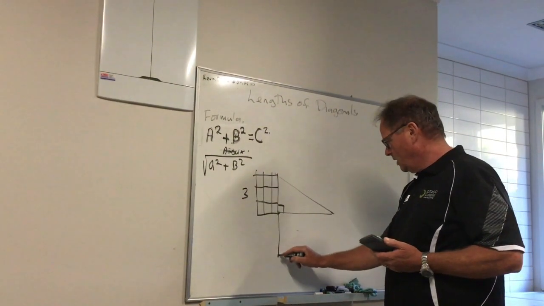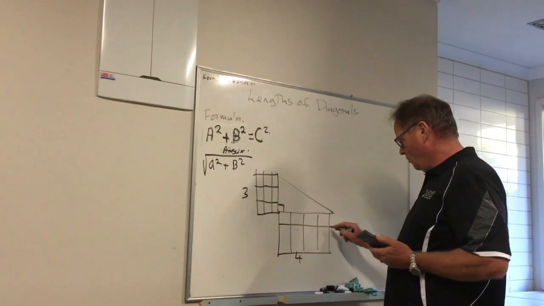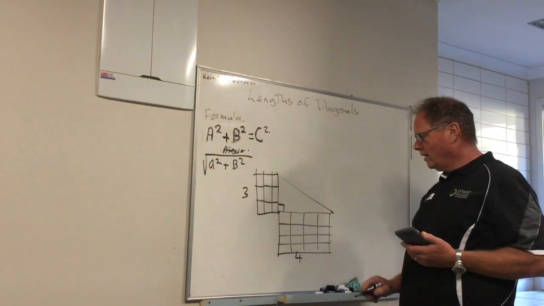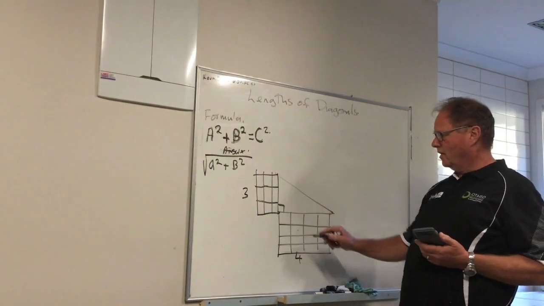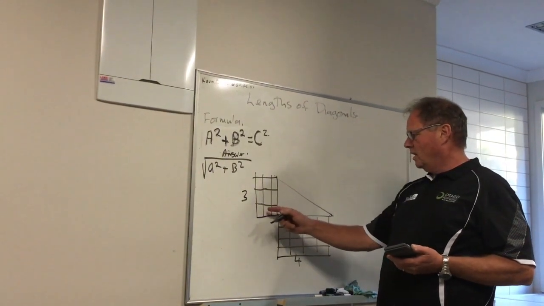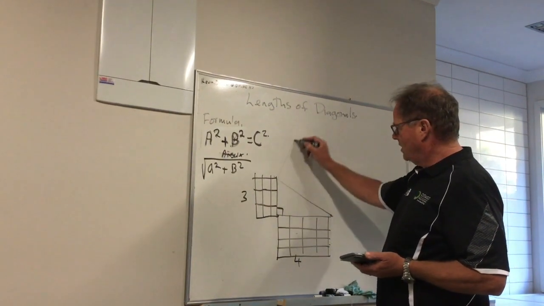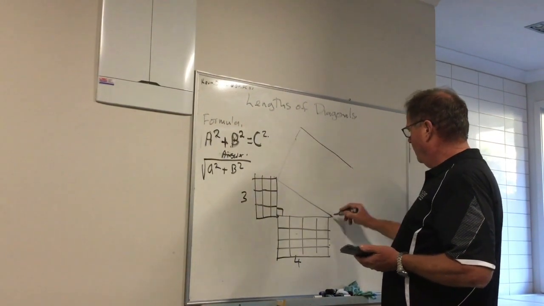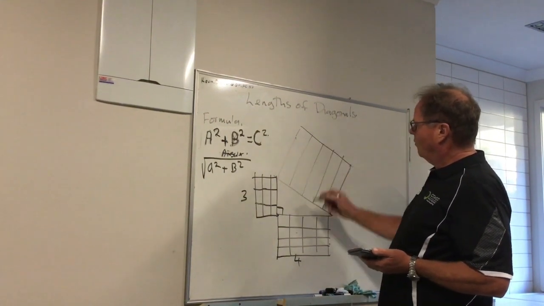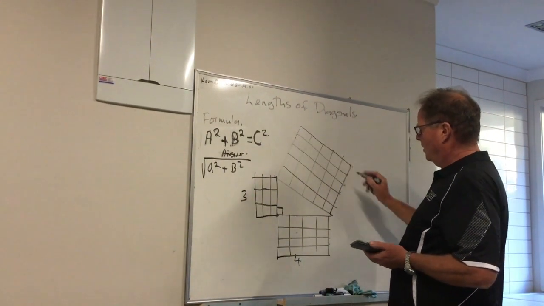This one here is 4 squared. 1, 2, 3, 4. 1, 2, 3, 4. So we've got 4 squared there, 3 squared there. We can add those squares up. So there's 16, 17, 18, 19, 20, 21, 22, 23, 24, 25. So 25 is equal to 5 squared. 2, 3, 4, 5. There we go.